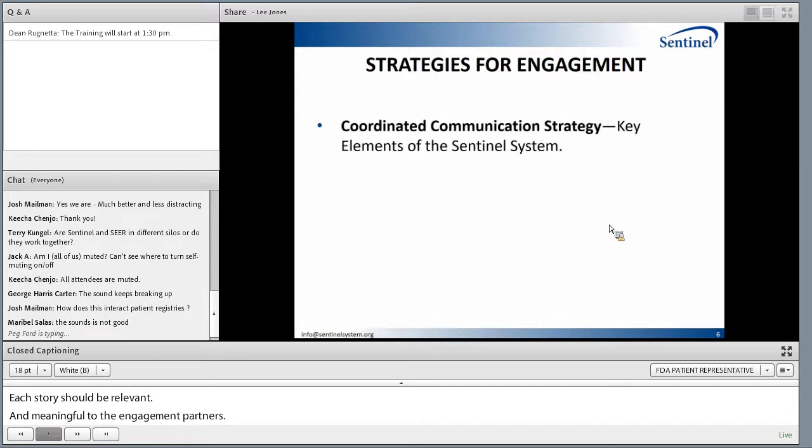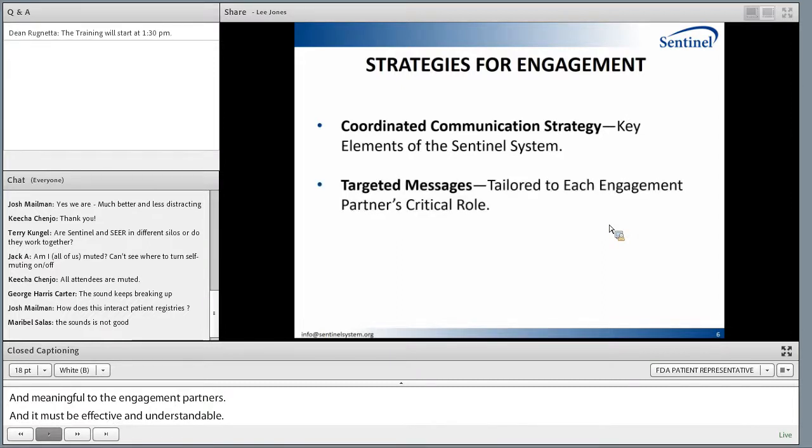To be effective and consistent, our work group identified the key components of the Sentinel system. Each story coalesces around each significant aspect of this tool, and yet, not one size fits all.